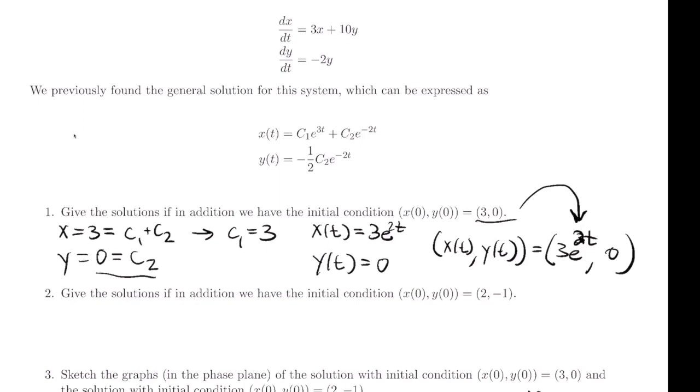And what this is telling me is if I start with an initial condition on the x-axis, then that solution is going to always stay on the x-axis because, right, the y-coordinate is always going to be 0.